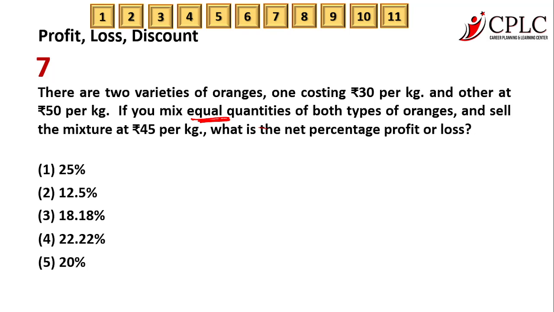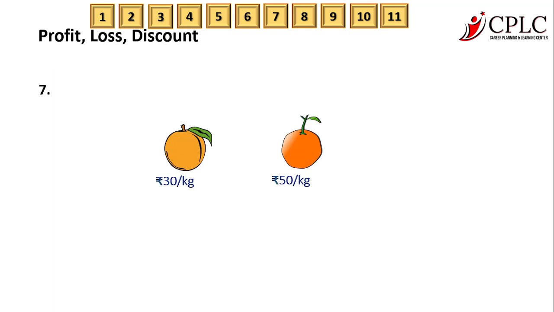So to keep it simple, let's assume that we'll mix 1 kg of each. One variety is 30 rupees per kilo, so if we take 1 kilo of that, we'll be investing 30 rupees. In the other variety, 50 rupees per kilo, 1 kilo of that will invest 50 rupees. So the total investment so far has become 80 rupees.